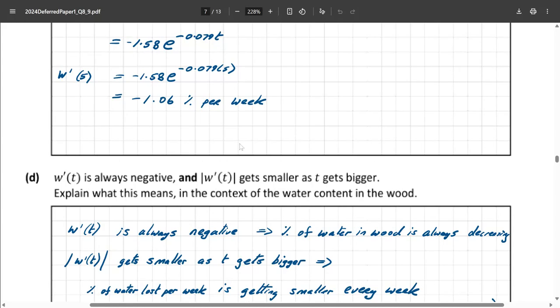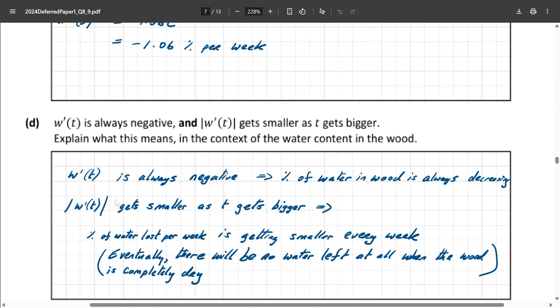If that's getting smaller, what does that mean? So basically, if that number is getting smaller, that means that the percentage of water per week is getting smaller every week. So we're losing water every week, but the amount we're losing every week is getting less. So that's worth repeating. We're still losing water every week. The percentage of water is always decreasing, but the percentage of water lost per week is getting smaller every week.